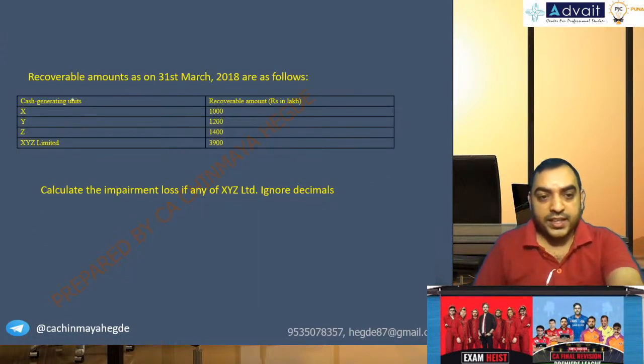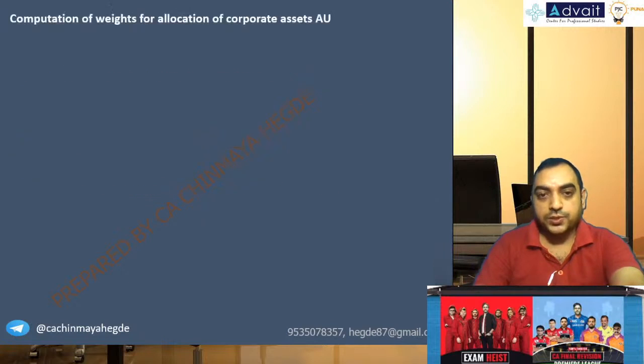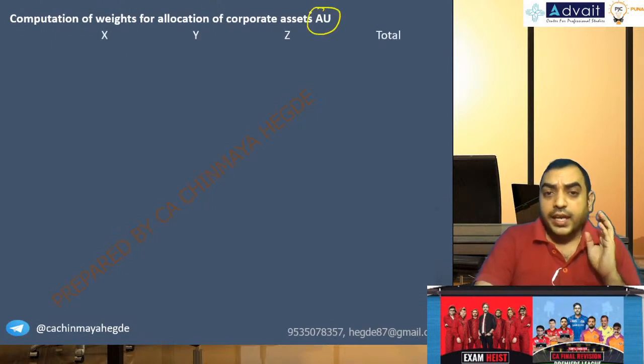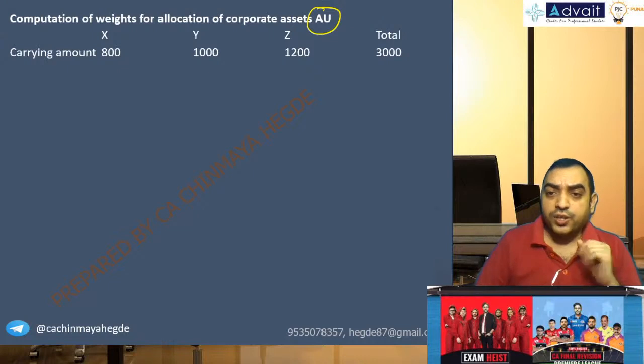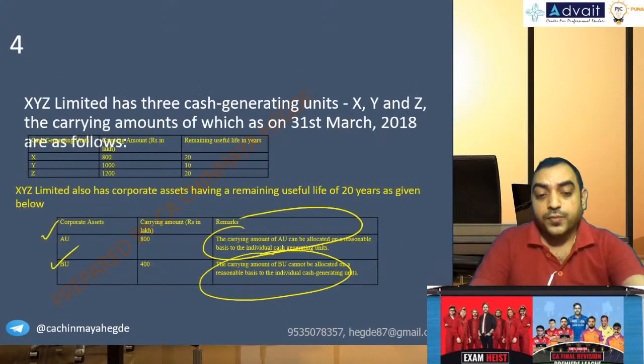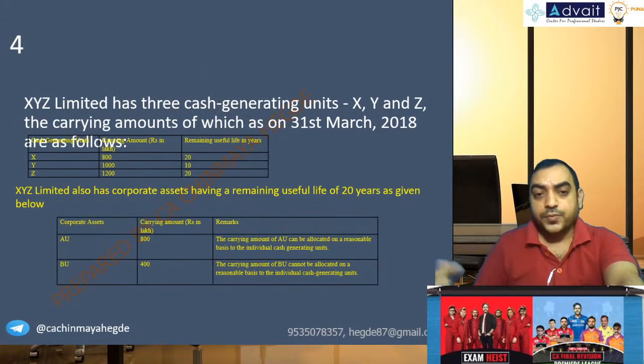Recoverable amount is given. XYZ Limited, calculate the impairment loss for XYZ ignoring decimals. Okay, so first they said we can allocate AU. So let's allocate AU. XYZ total, allocate AU. They have given 800, 1000, 1200. And when you want to allocate, what is the reasonable basis? We go with the carrying amount.